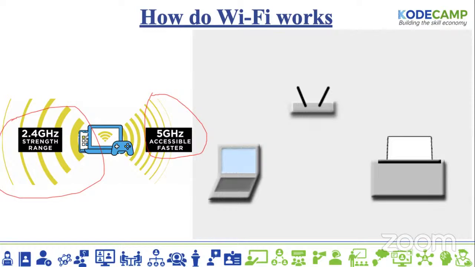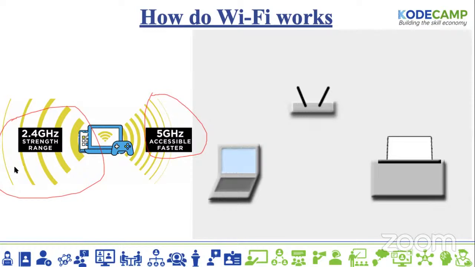Now, what does this 2.4 gigahertz mean? You can see there me writing the 2.4 gigahertz, the strength, and then you can look at the strength range, and then you can talk about the accessibility and speed. Now, before I give you an in-depth analogy, let's look at the gaps.